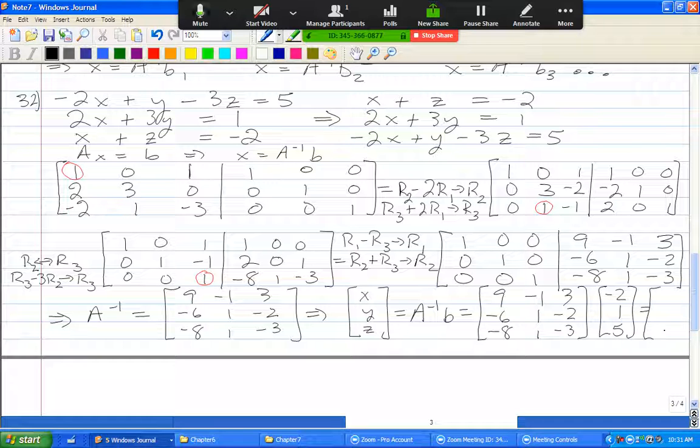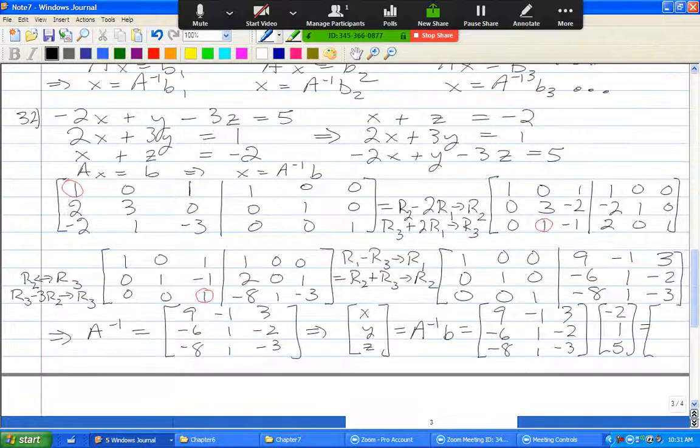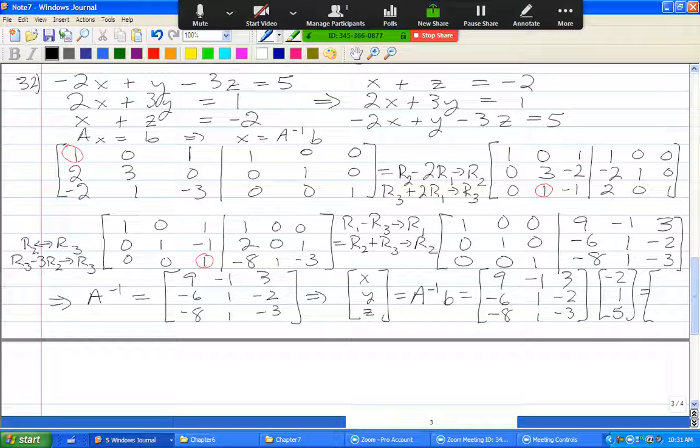So let's multiply that out. 18 minus 1, 17, plus 15. Minus 18 plus 1 is minus 17, plus 15 is minus 2.